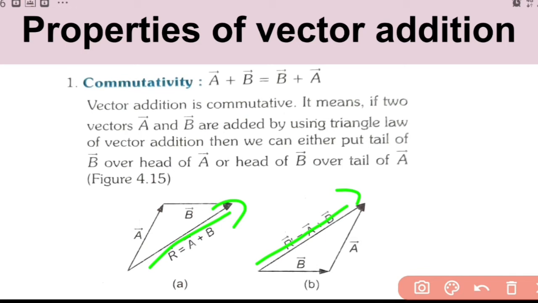So if a question comes to prove the commutative property of vector addition, these are the two diagrams you have to draw. From that diagram you have the conclusion: vector A plus vector B is equal to vector B plus vector A. So that is about the commutative property of vector addition.